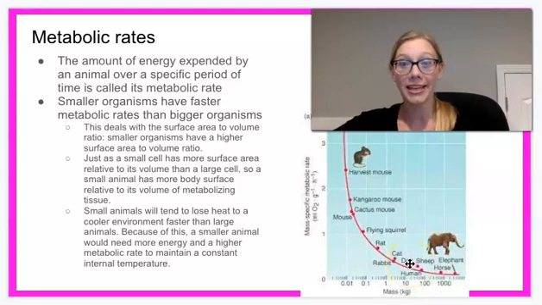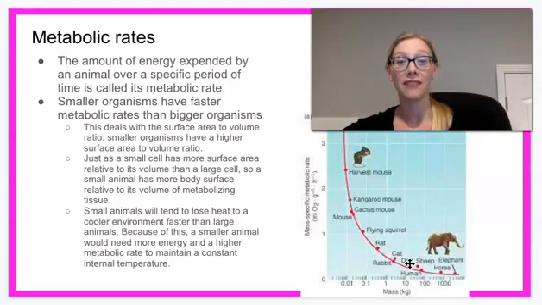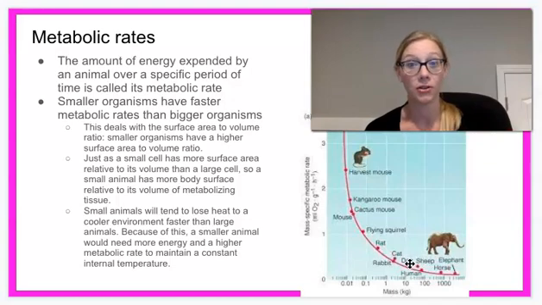Well, why is this? This deals with the same idea as when we were talking about surface area and volume in cells. Smaller organisms have a higher surface area to volume ratio. So that means that small animals tend to have more body surface relative to their volume of metabolizing tissue.